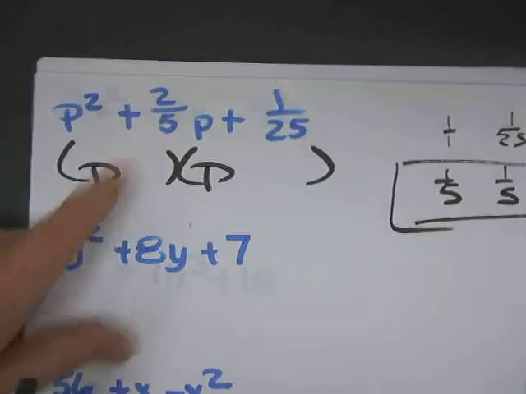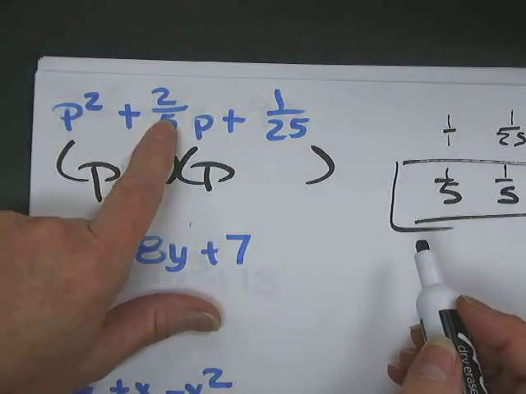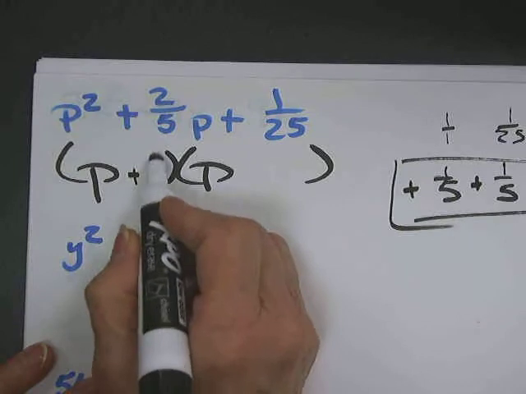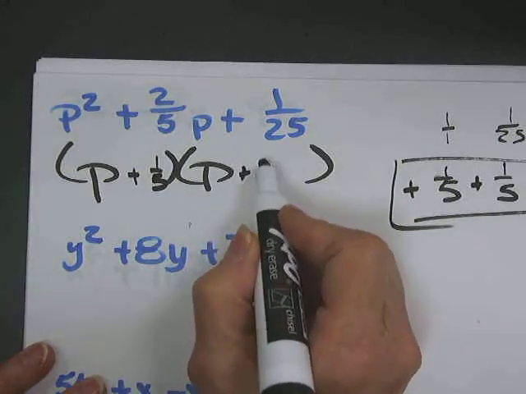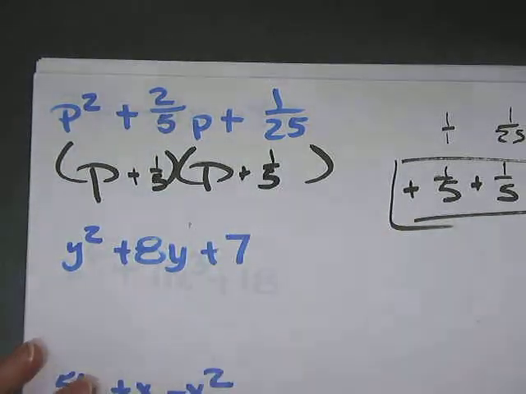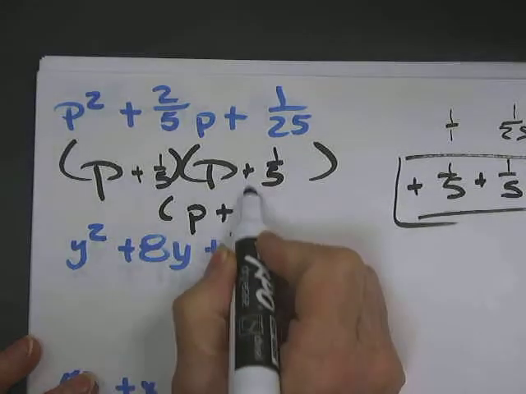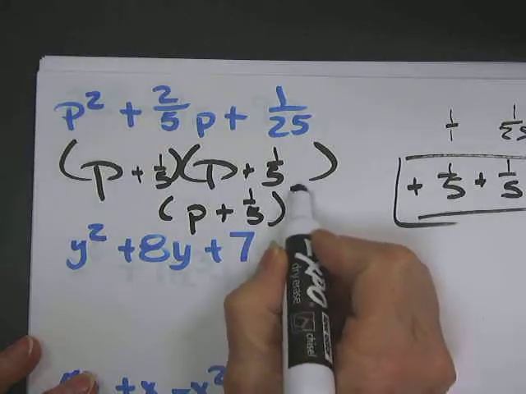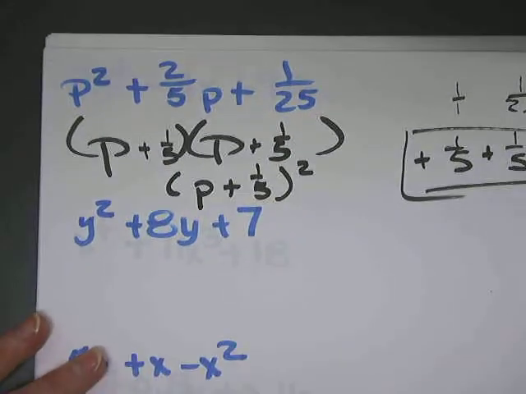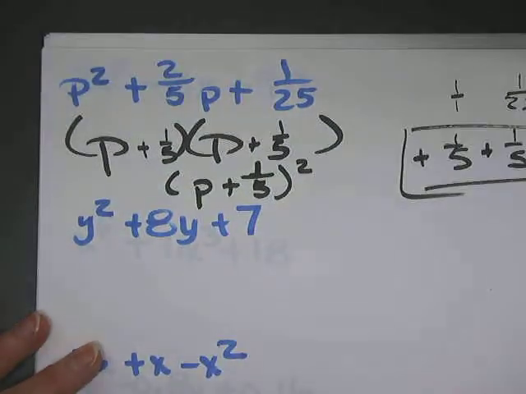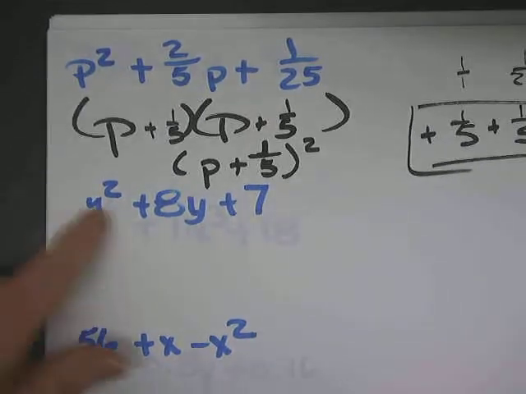The ones that add up to 2/5 are 1/5 and 1/5. They add up to this, they're both positive. These are exactly the same, so you can rewrite this as P plus 1/5 squared. It's the same thing times itself, so it's squared.